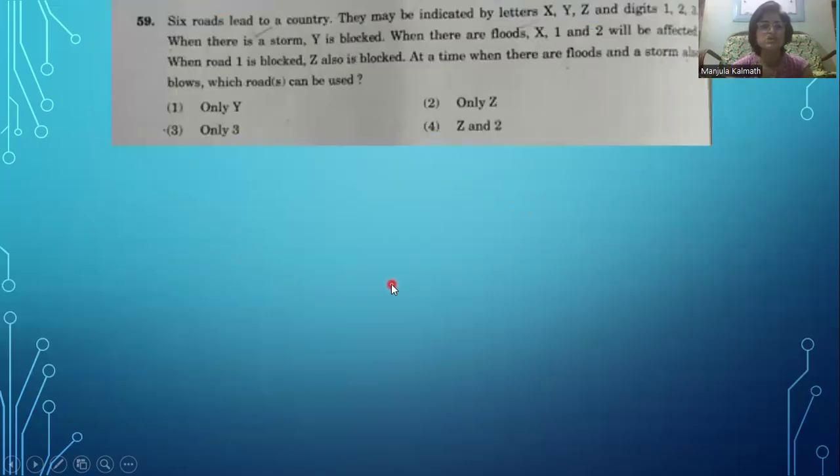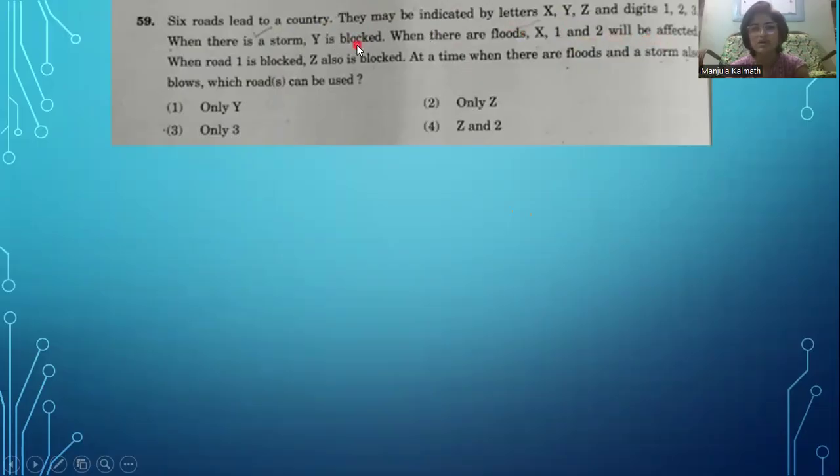The next question is: 6 roads lead to a country. They may be indicated by letters X, Y, Z and digits 1, 2, 3. When there is a storm, Y is blocked. When there are floods, X, 1, 2 will be affected.